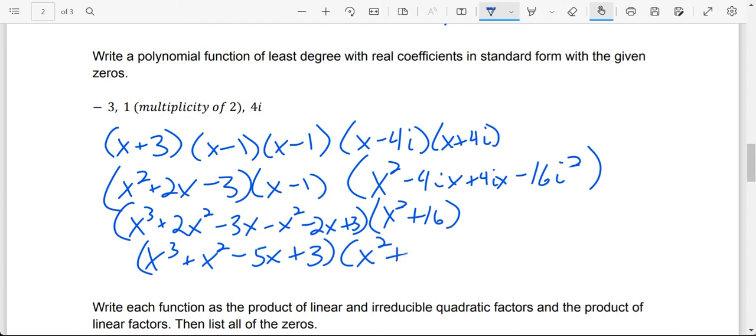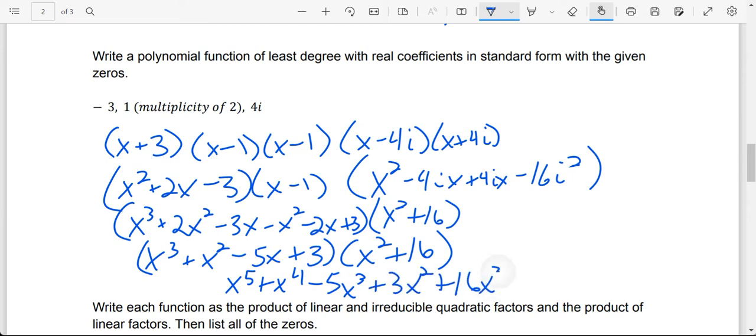And finally, the x squared and 16 distribute out. You're going to get x to the 5th plus x to the 4th minus 5x cubed plus 3x squared plus 16x cubed plus 16x squared minus 80x plus 48.